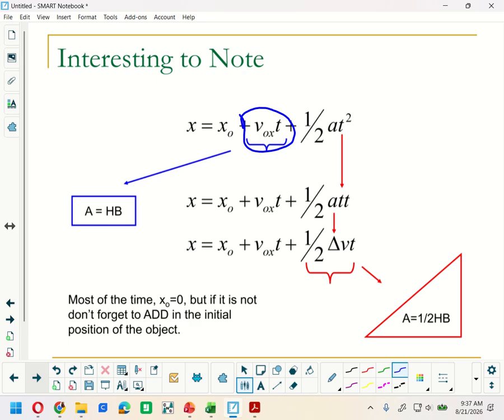So it's actually the change in velocity, the slope times time. So it actually works out to be exactly the same as the area of a triangle. As we add those together, we also had a starting amount. We started not from 0, but from 1.5 off the graph. So most of the time, x of naught equals 0, but if it's not, don't forget to add in the initial position of the object.